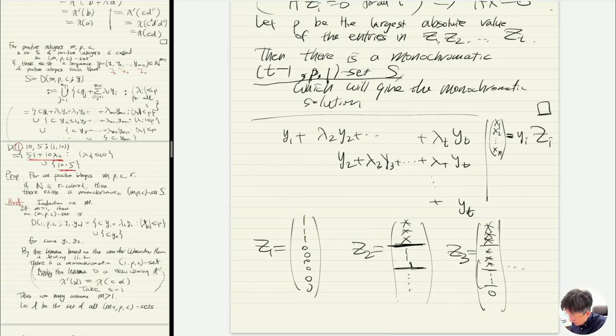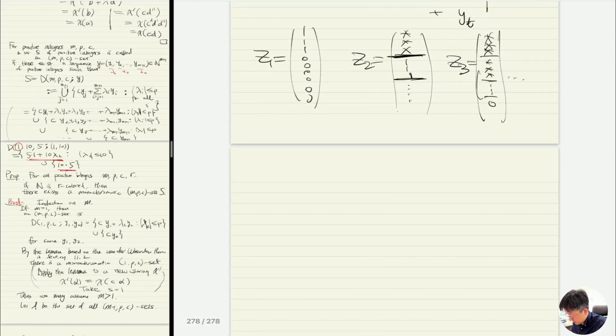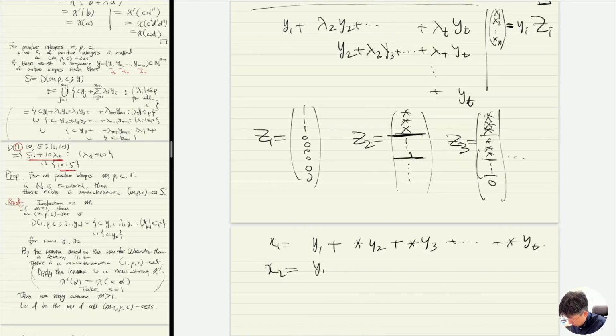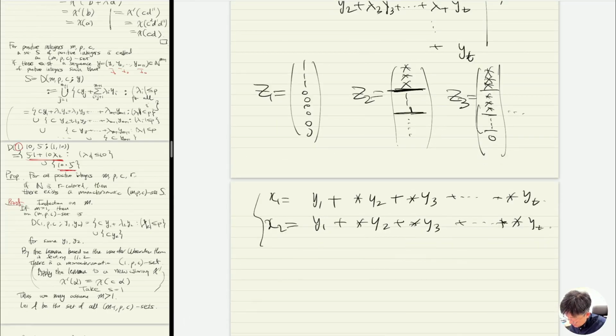So for instance, x1 is given by some y1 plus some star y2, some star y3, some star yt, where star means some entry in Gi. x2 is similar, so y1 plus some star y2, star y3, star yt, and you do it until i is in I1.